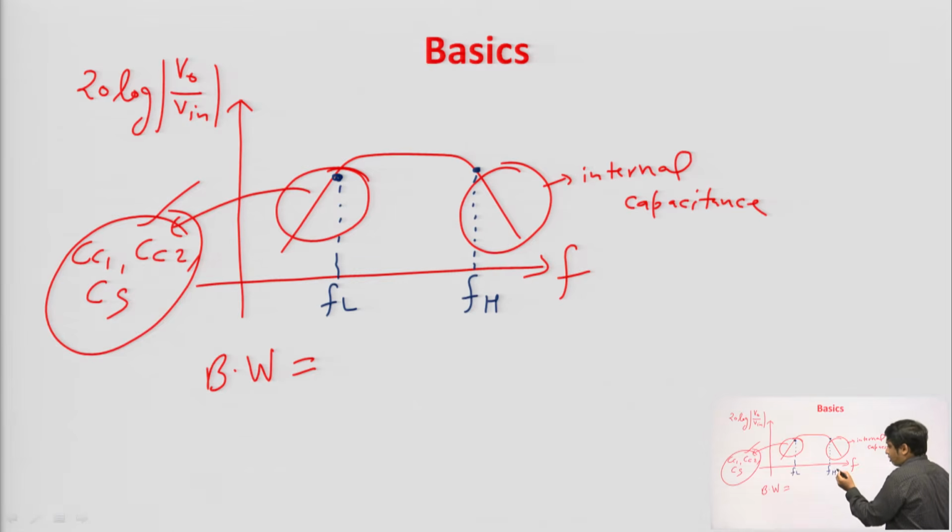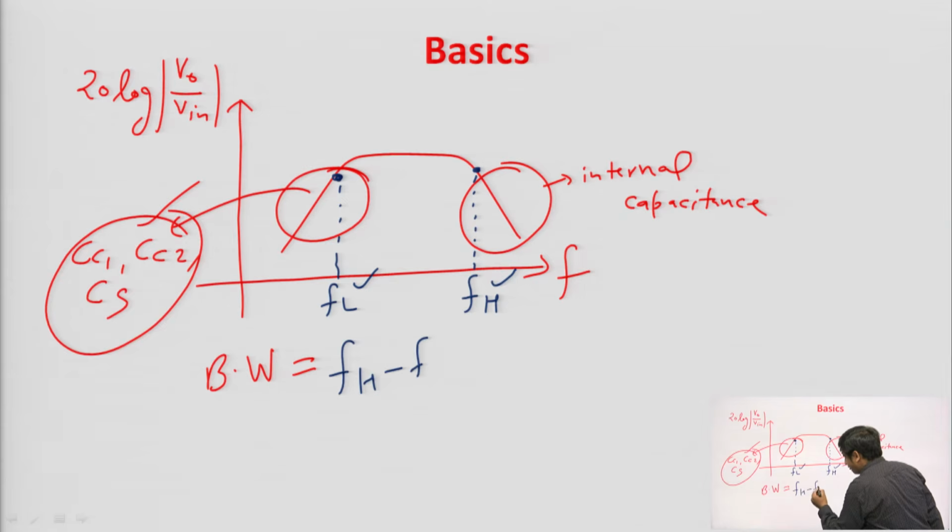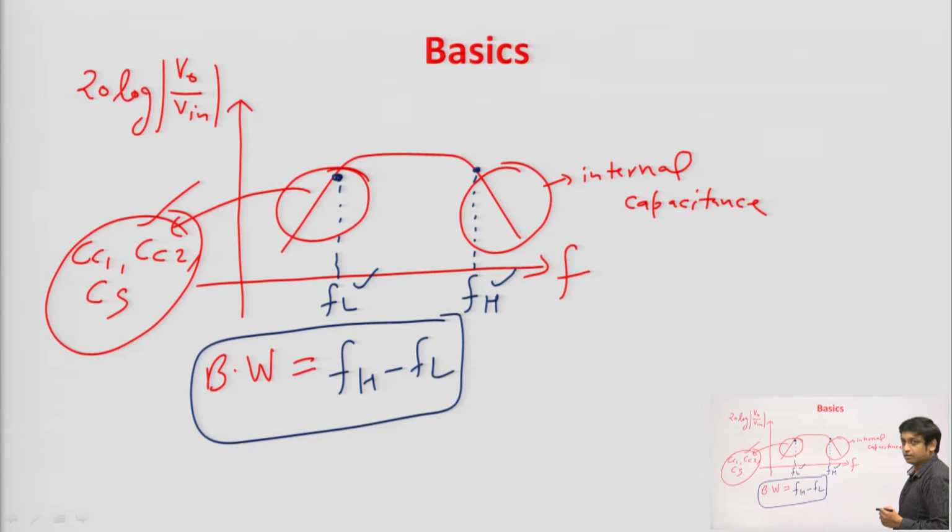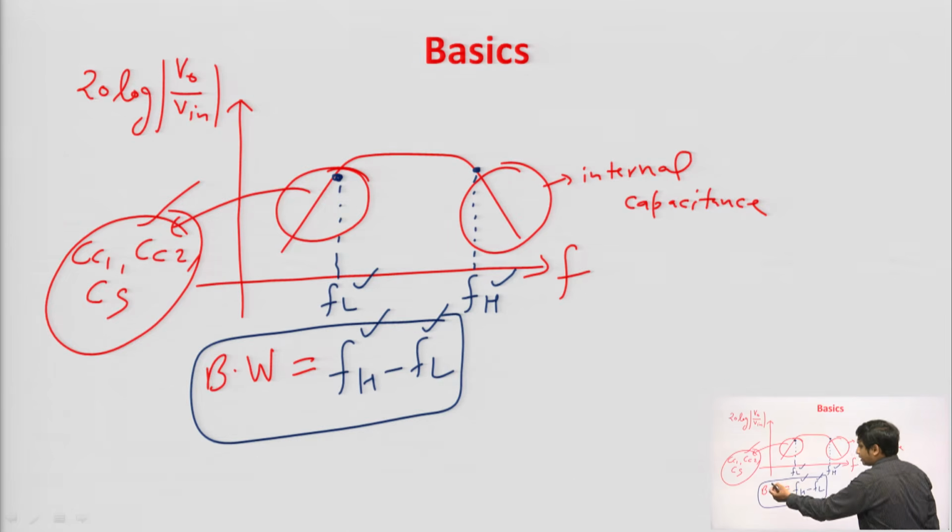FH is also called the upper corner frequency, and FL is the lower corner frequency. The difference between FH and FL is called the bandwidth of the amplifier. So, to calculate the bandwidth, we need to calculate the values of FH and FL. Once we get FH and FL, we can calculate the bandwidth of the amplifier.